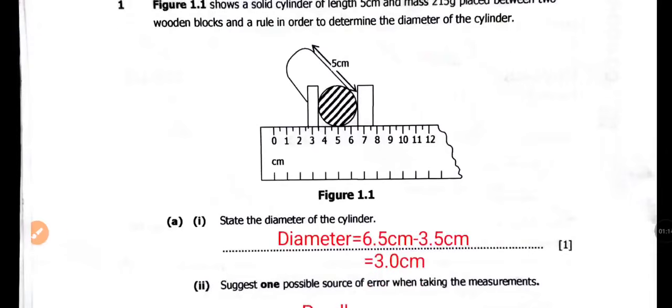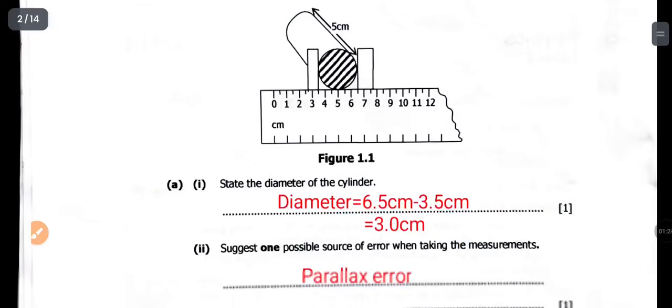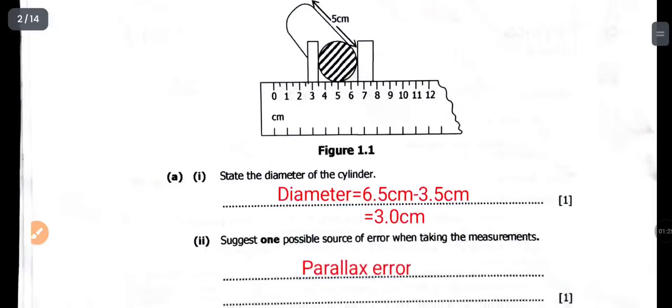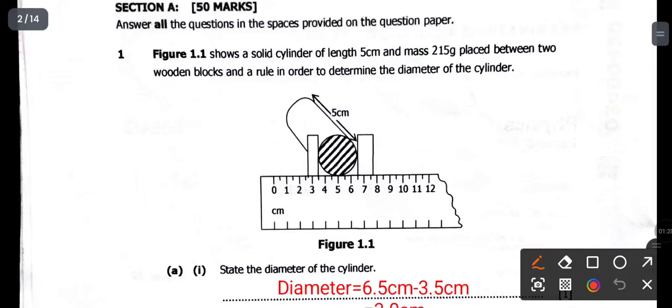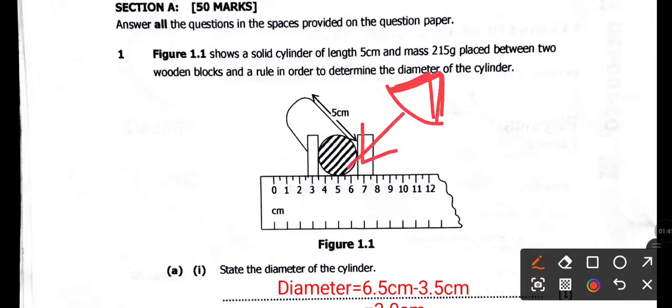Number 2, suggest one possible source of error when taking the measurements. One source of error that may arise when you're taking measurements is what we call parallax error. Parallax error arises when you incorrectly place your eye. So when the position of the eye is incorrect, let's say you place it at an angle like this, and you're measuring something that is here, you're most likely to encounter parallax error.